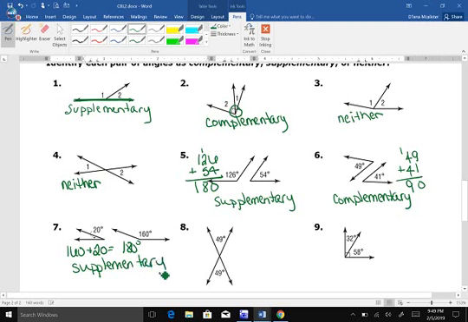How about number 8? These are neither. And what do y'all think about number 9?